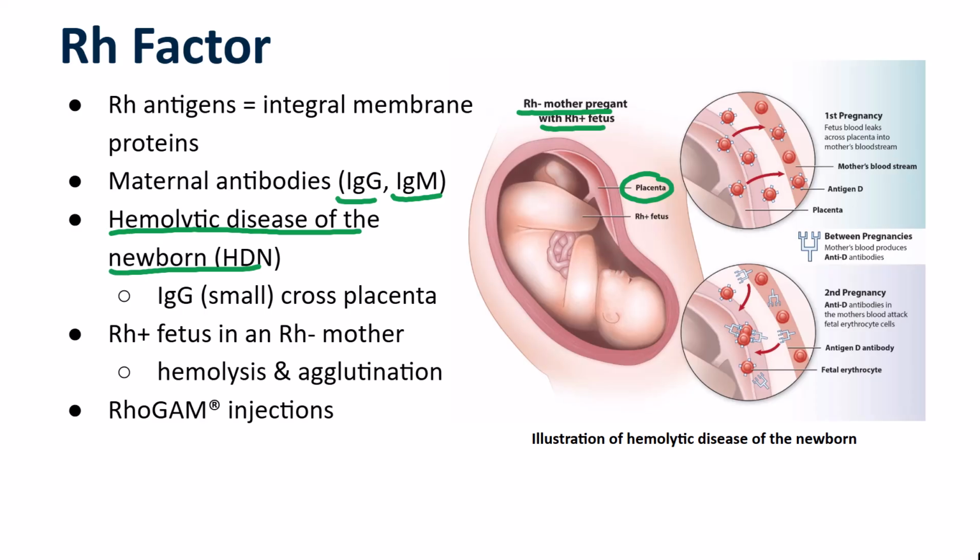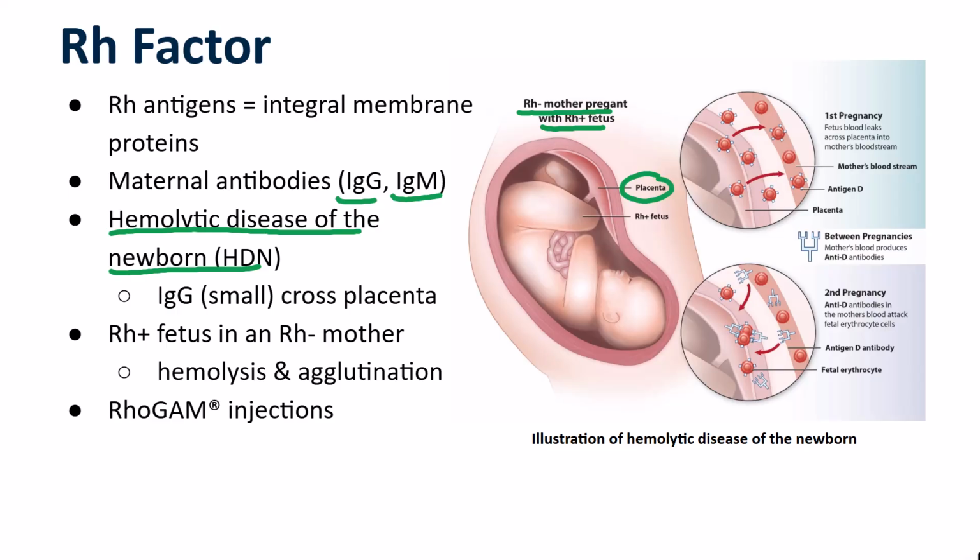And so if during the process of gestation there's any exchange of blood product across the placenta, because maternal and fetal blood don't typically mix, but there can be examples of fetal blood crossing the placental barrier, then an Rh negative mother will begin to mount an immune response against the Rh factor.